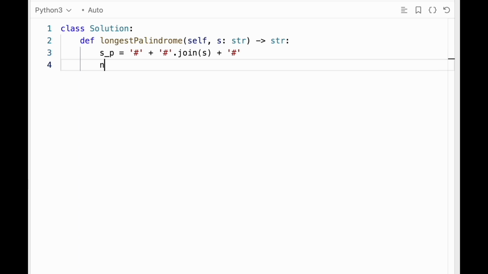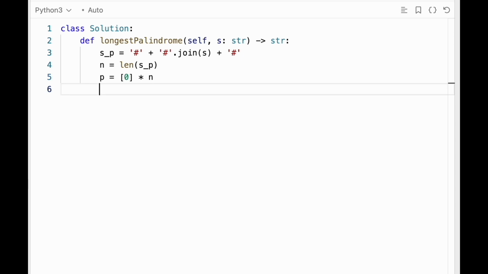Next, let's find the length of this new string s prime, and p is the list where we store the longest palindrome length. So we start with 0 to n, and c will be the center of the previous palindrome that extends to the right the most, and we initialize it to 0.